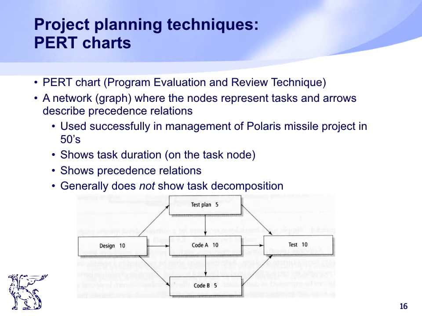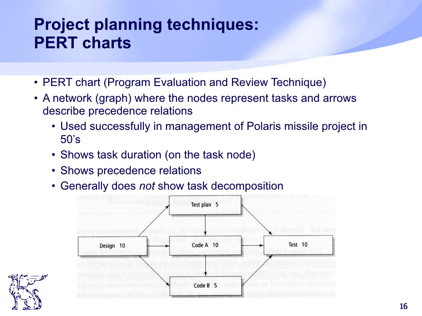Here is a figure, you can see that. Okay, and each node you can see they also show the time. With the node name they also represent the time duration. So it's showing the task duration, the precedence relation and everything. Okay, but it does not show the task decomposition. So Gantt chart and PERT chart, both of them are most helpful for project managers to plan their project.